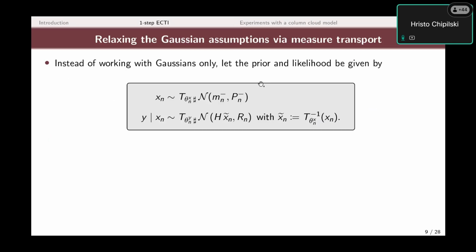So now this is what we can do at the level of distributions at a particular time in our iterative algorithm. We can assume that the prior is given by some pushforward of a transport map T with some reference Gaussian density. And similarly for the likelihood, we have a pushforward of another transport map with reference Gaussian density.